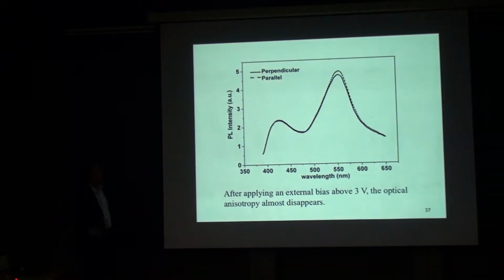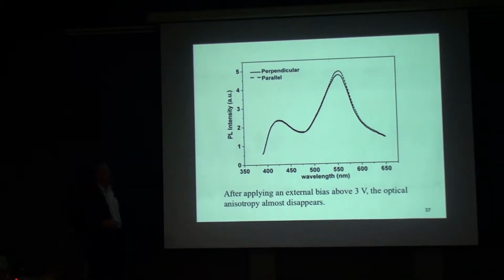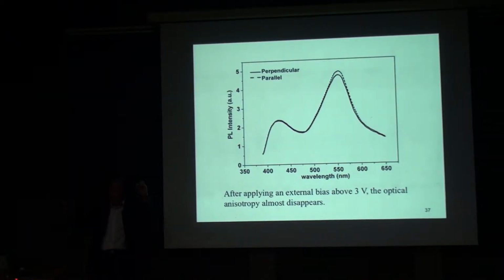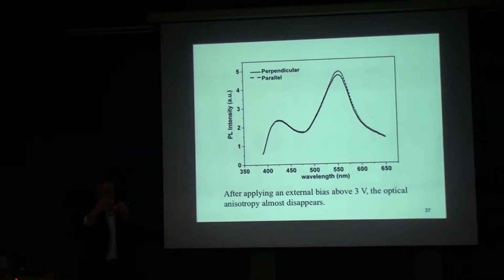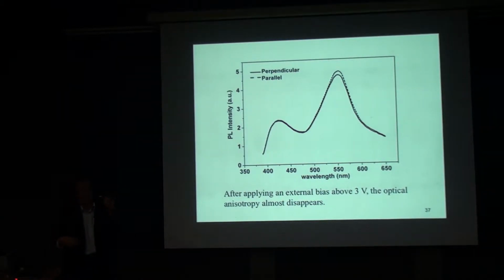So if we apply an electric field high enough right now, the semiconductor nanowire is along this direction. If we measure the detector here, if we rotate the polarizer, we are able to detect the anisotropic effect of the device.